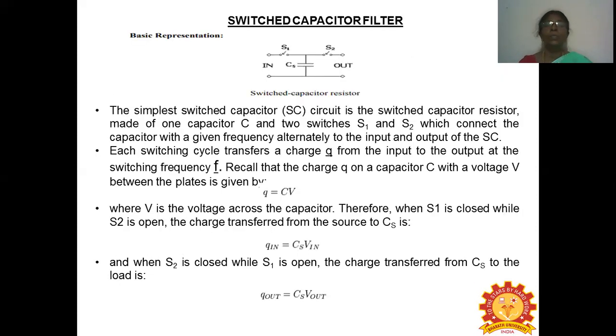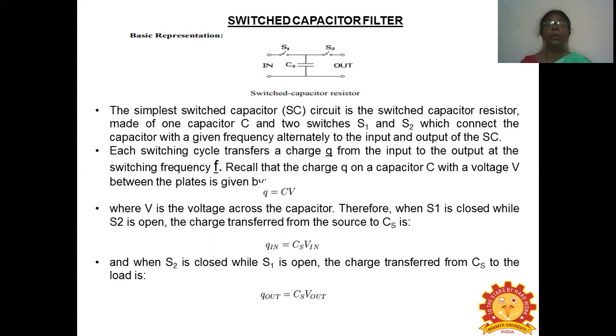Next one, the switched capacitor filter. This is the basic diagram of the switched capacitor resistor. The simplest switched capacitor circuit is the switched capacitor resistor.